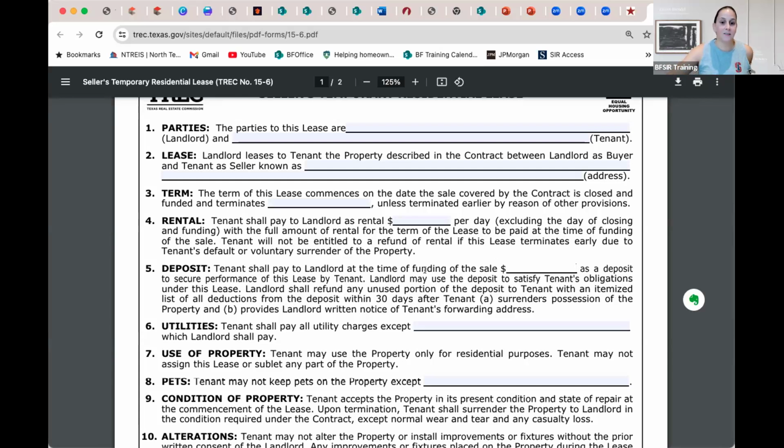But it basically says landlord may use the deposit to satisfy tenant's obligations under the lease. They will refund any unused portion with an itemized list of all deposits within 30 days after tenant surrenders possession and provides landlord written notice. So this is a landlord-tenant relationship. If there is a security deposit collected, you have to follow the terms of this lease, which basically says when the seller moves out, they have to say, this is my forwarding address, I want my security deposit back.